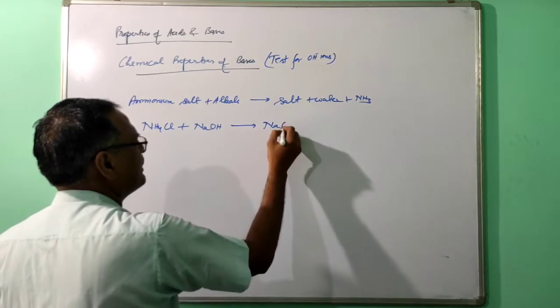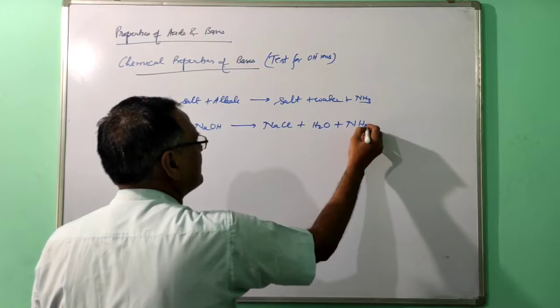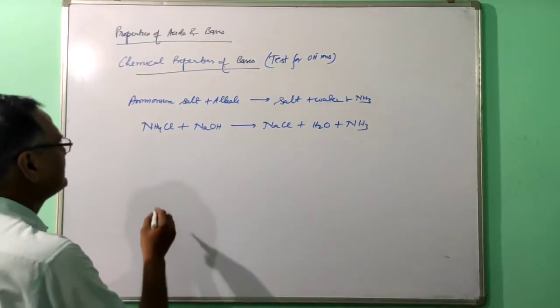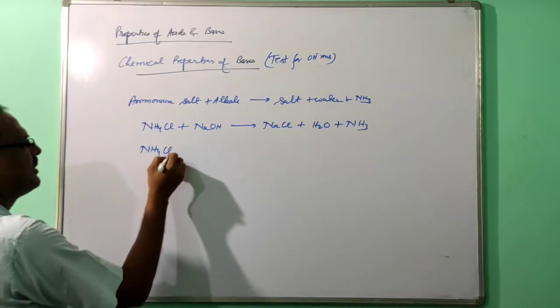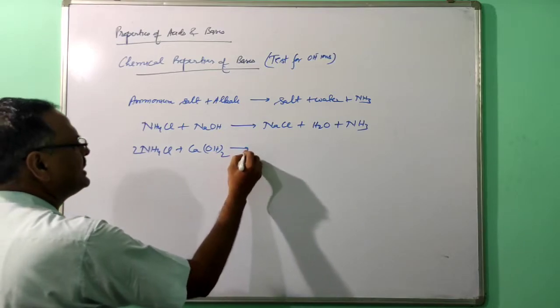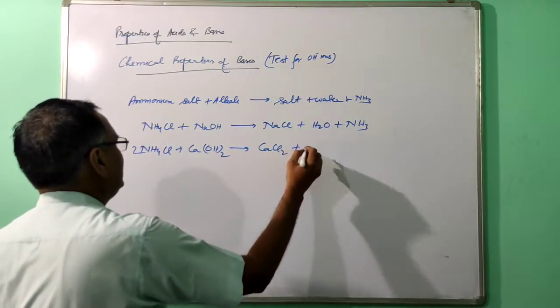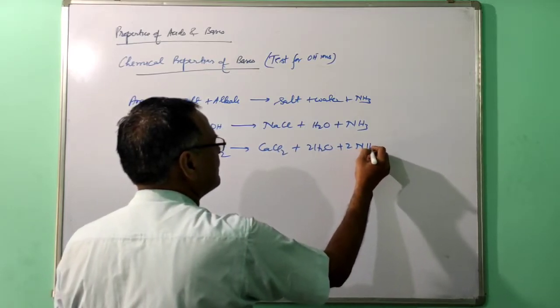This will form NaCl, H2O and NH3. Otherwise, if you take ammonium chloride reacting with calcium hydroxide, this will form calcium chloride, water and ammonia.